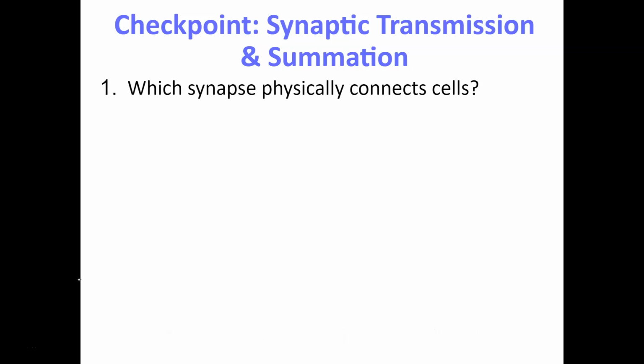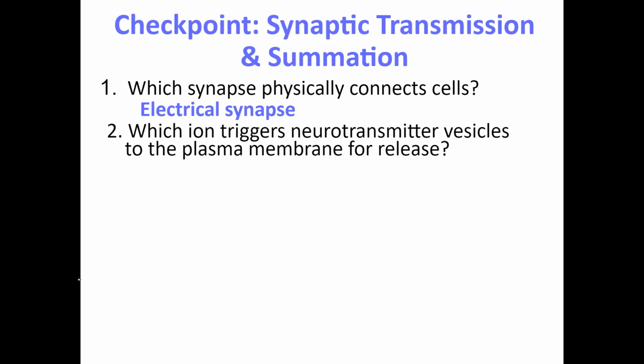All right, let's see how much you remember. Number 1, which synapse physically connects cells? Your answer is the electrical synapse. That's the one that has protein tunnels that physically connect our pre- and postsynaptic cells. Number 2, which ion triggers neurotransmitter vesicles to the plasma membrane for release?